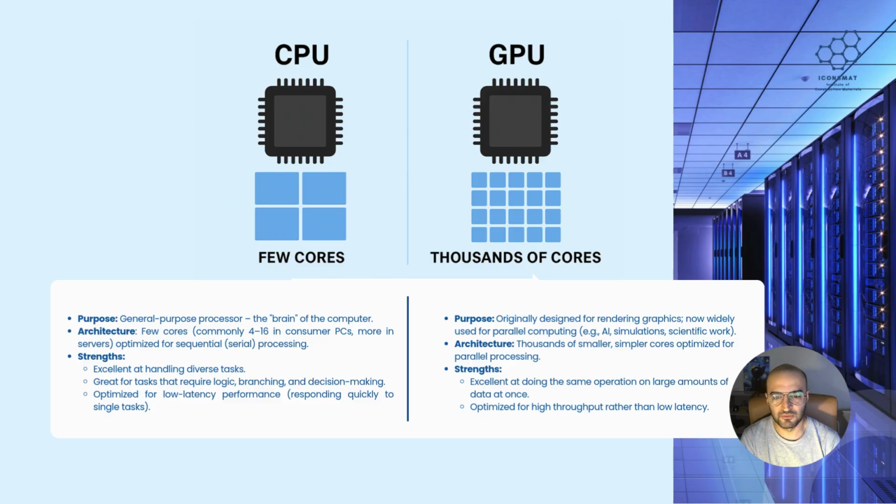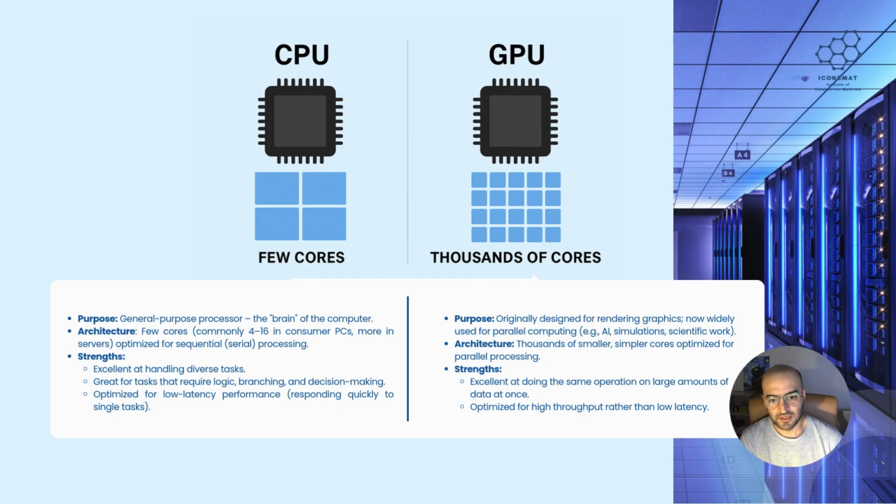And the strength of the GPU is that it is excellent at doing the same operation on a larger scale repetitively, and is optimized for high throughput rather than low latency.